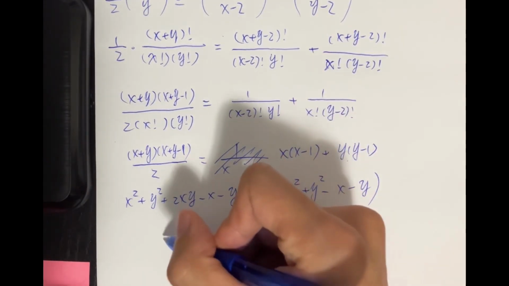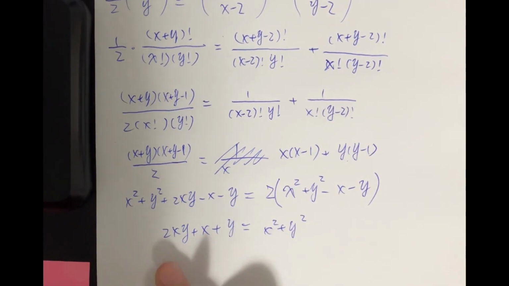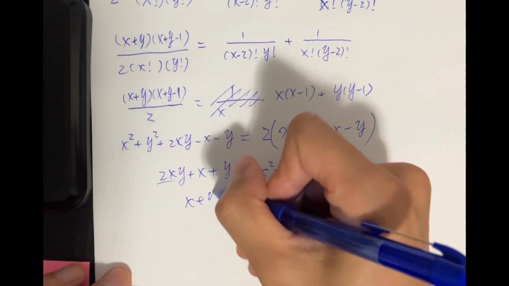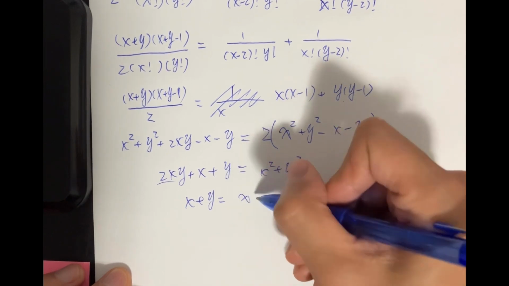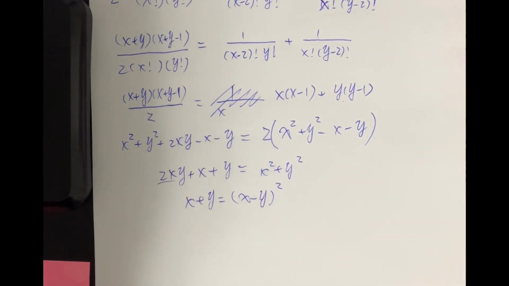So over here it is 2xy plus x plus y. Then let's move this over there to get some square. It's xy equals (x minus y) squared. Something like that.